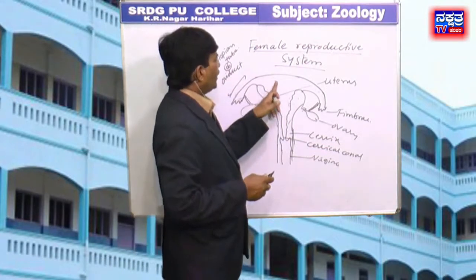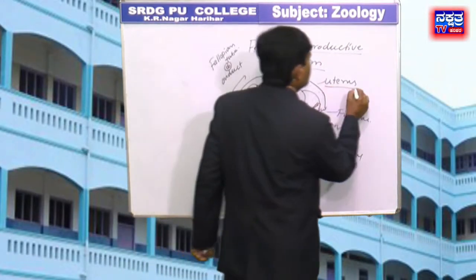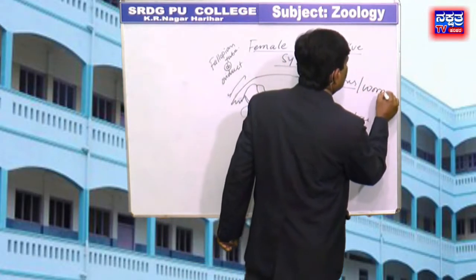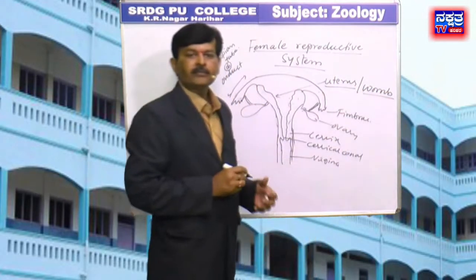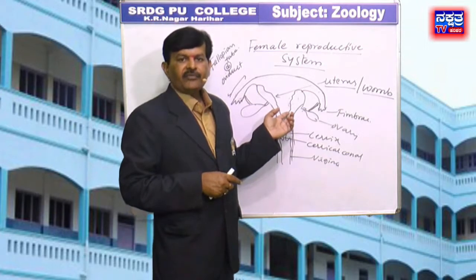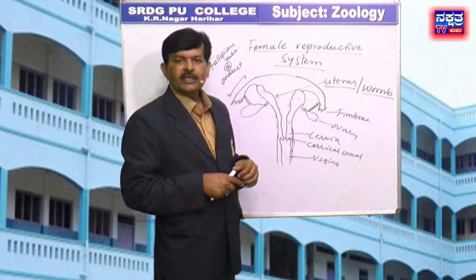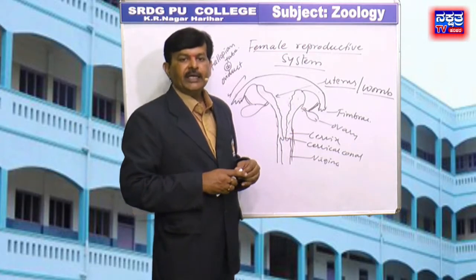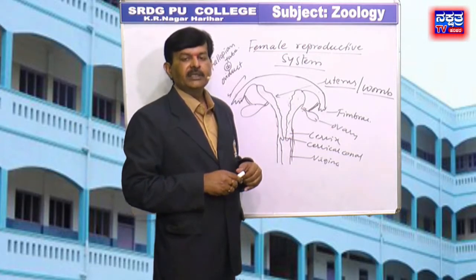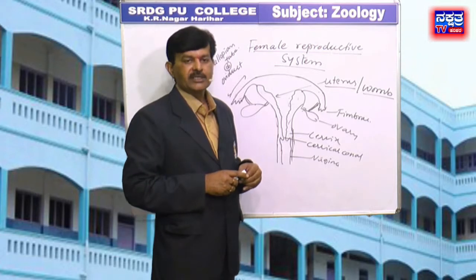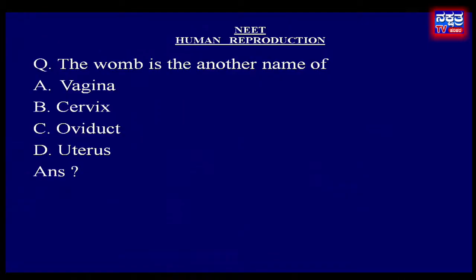In the female reproductive system, uterus is also called womb. The organ in the body of a woman or other female mammals in which a baby develops before birth is called uterus. Therefore, in the given options, option D, uterus, is the right answer.